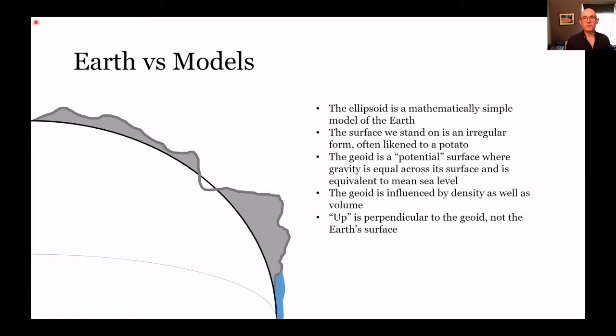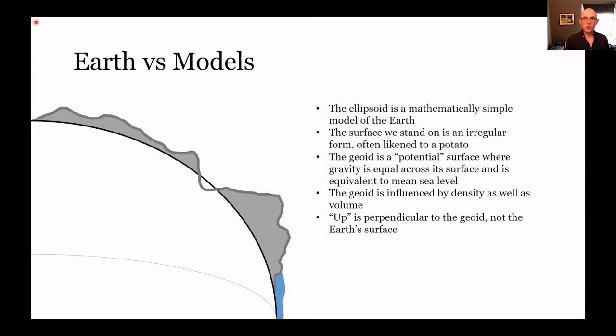It resembles this oblate spheroid, the ellipsoid, rotational ellipsoid. It resembles it to a good degree, but actually the Earth is more this potato-shaped thing that we've spoken about. It's lumpy.